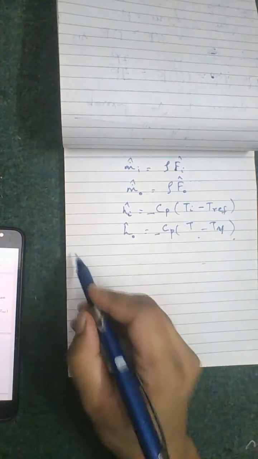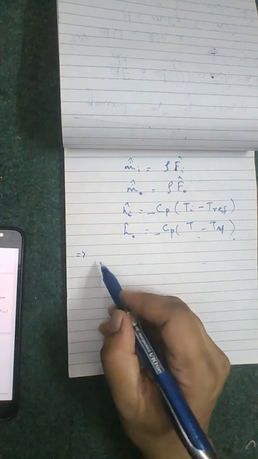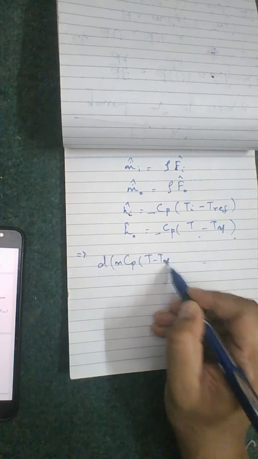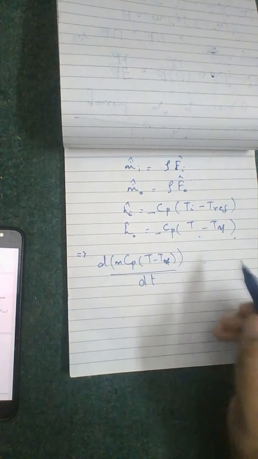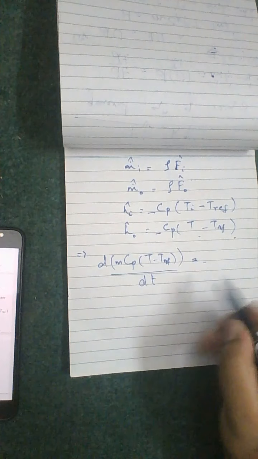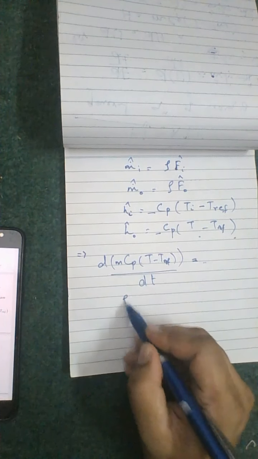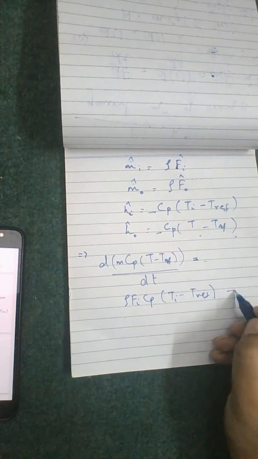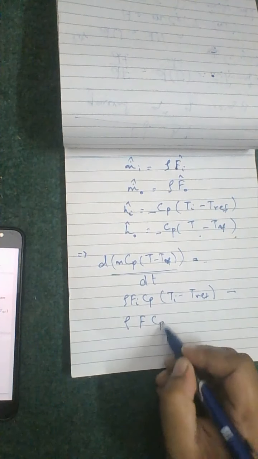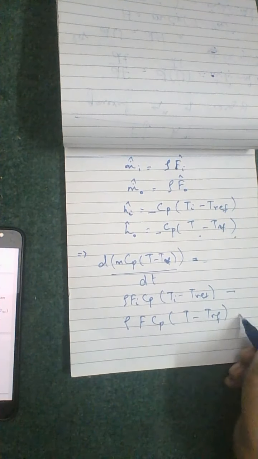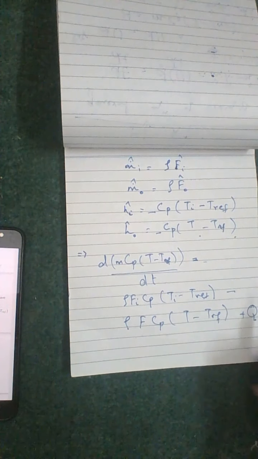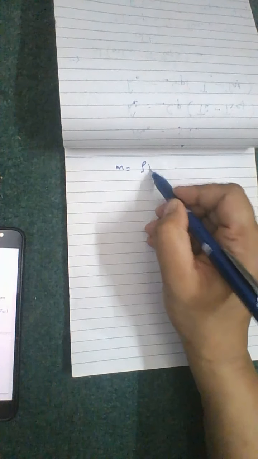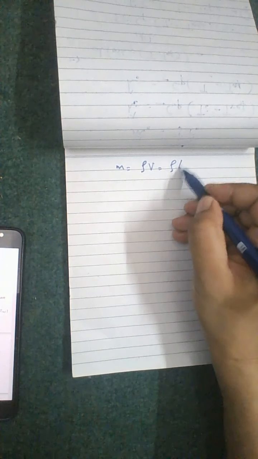So putting all these into the previous equation, overall we will have d of m Cp (T minus T reference) over dt is equal to rho Fi Cp (Ti minus T reference) minus rho F Cp (T minus T reference) plus Q. Now this mass can be represented by its volume, rho into volume, and then rho into cross-sectional area into height.